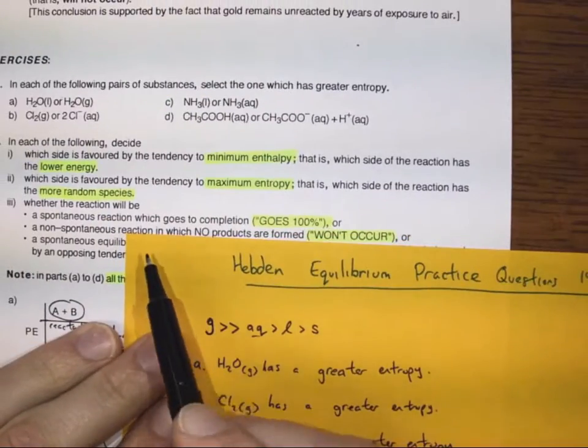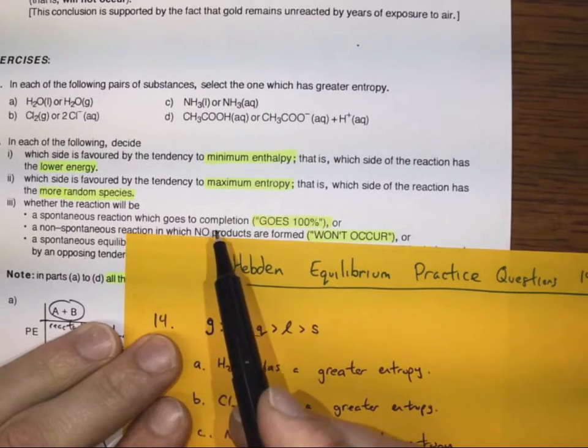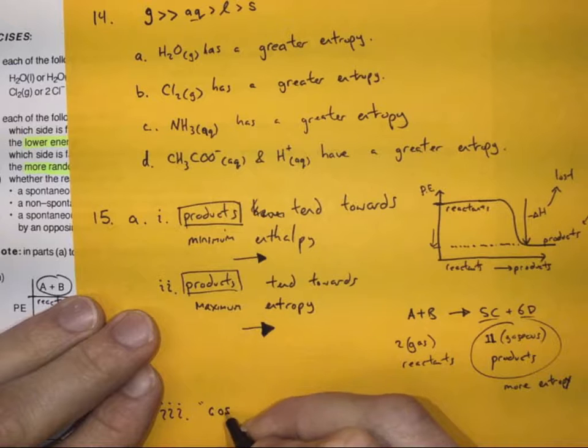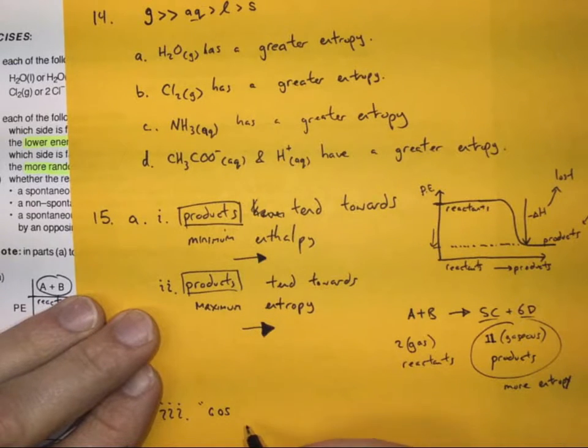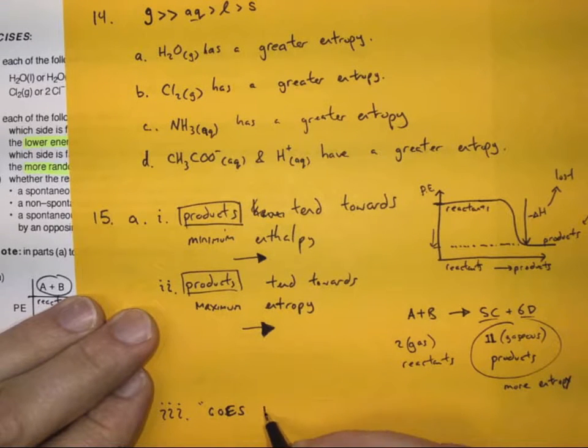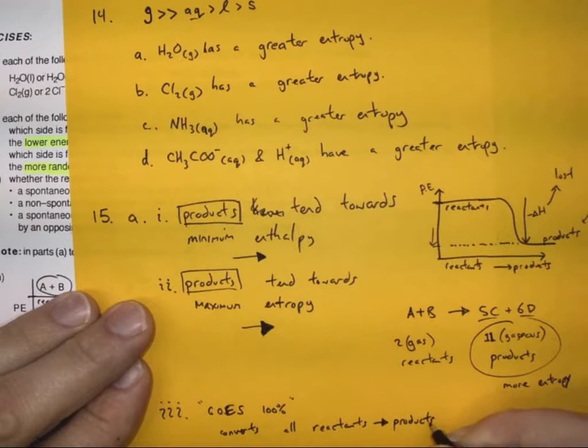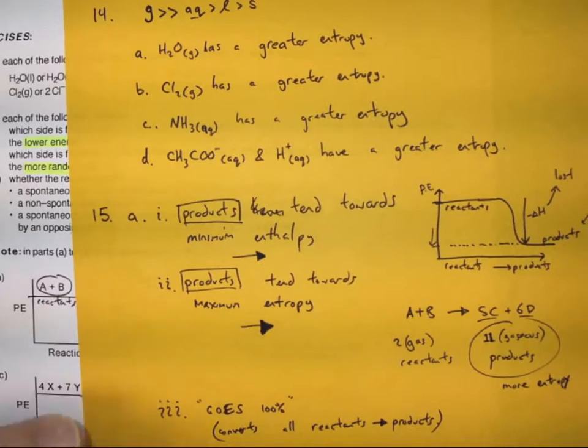This reaction, we would say, goes to completion, which means it goes 100%, which means converts all reactants to products. That's what that means. All right, cool.